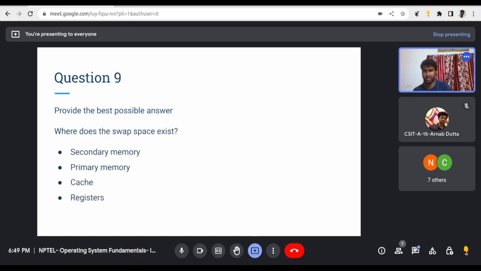Anyway, let's get to the next question. So where does the swap space exist? This is a question from the previous session. We studied a bit about swap space. Where does it exist? Secondary memory, primary memory, cache, or registers?